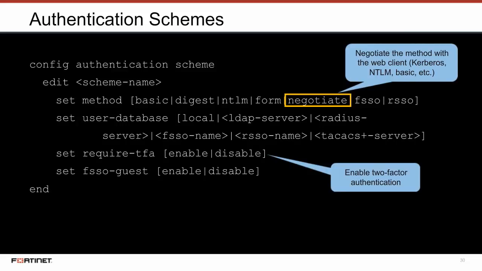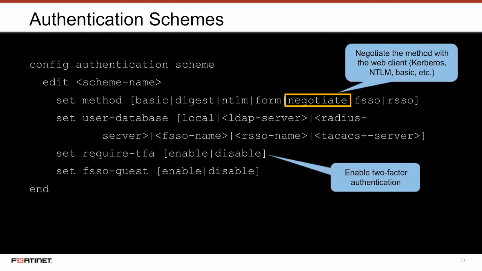An authentication scheme specifies a method and a database to be used in one or more authentication rules. The available methods are basic, digest, NTLM, form, FSSO, and RSSO. If the method is configured as negotiate, the FortiGate negotiates the method with the web client.